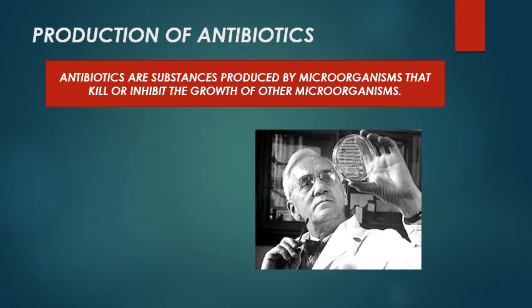But do you know when was the first life-saving antibiotic produced? When was it synthesized and what was that? Are you aware of its name? The first life-saving antibiotic was penicillin.